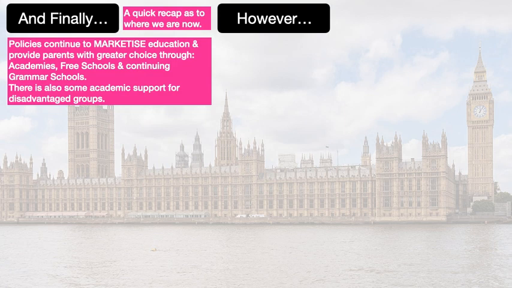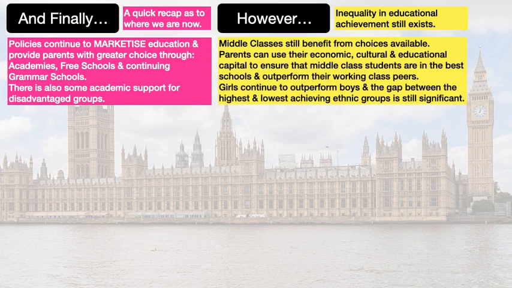However, there is no denying that inequality in education achievement still exists. Middle classes still benefit from choices available. Parents can still use their economic, educational and cultural capital to ensure that their middle class students are in the best schools and outperform their working class peers. Girls continue to outperform boys, and the gap between the highest and lowest achieving ethnic groups is still significant.